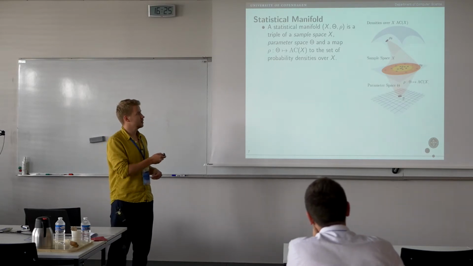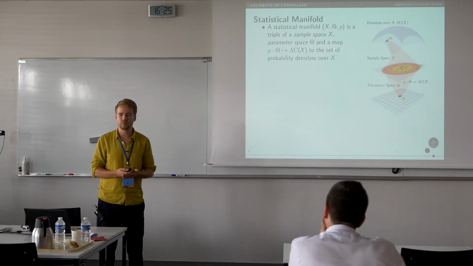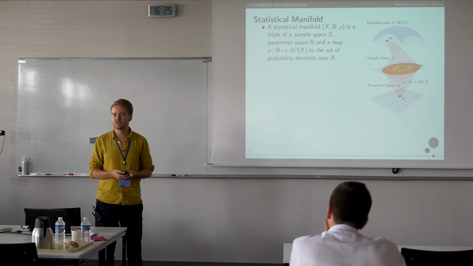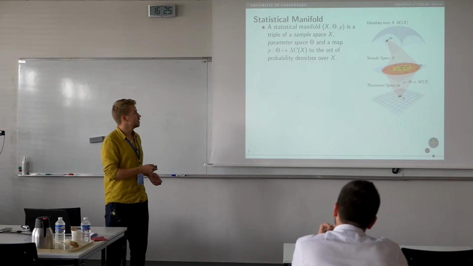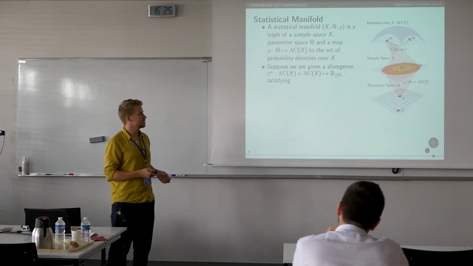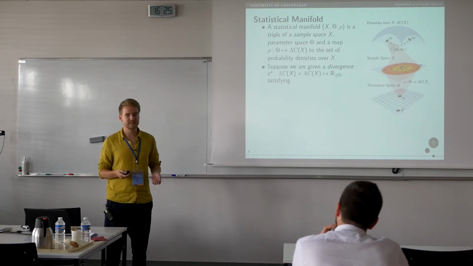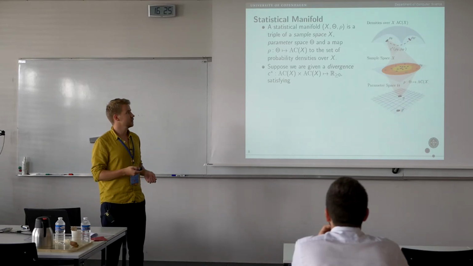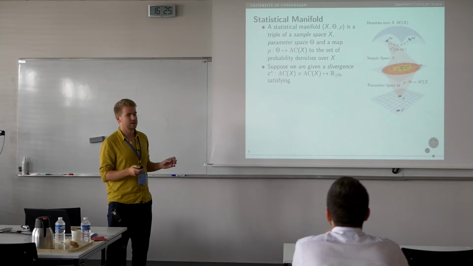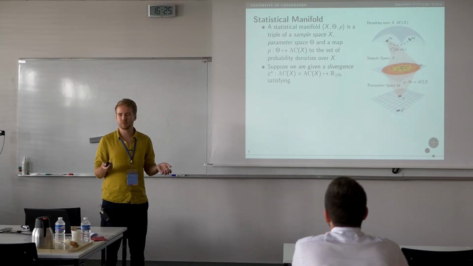And then usually what we want to do when we're carrying out learning is to minimize some kind of similarity measure between probability distributions. So what we do is that we give the statistical manifold a similarity measure C star between rho theta and some rho theta prime.